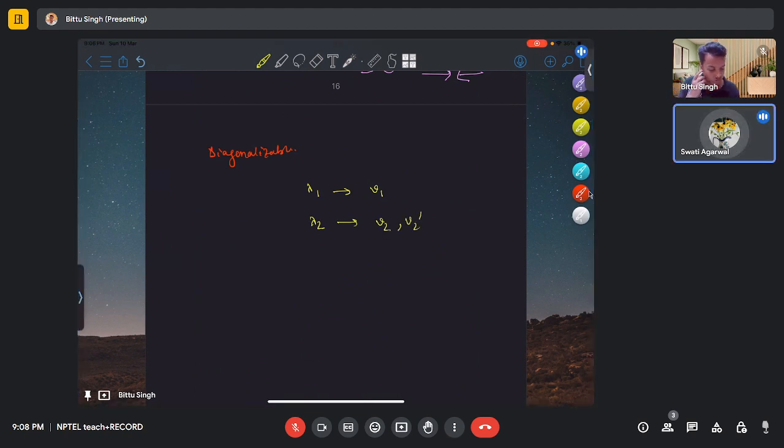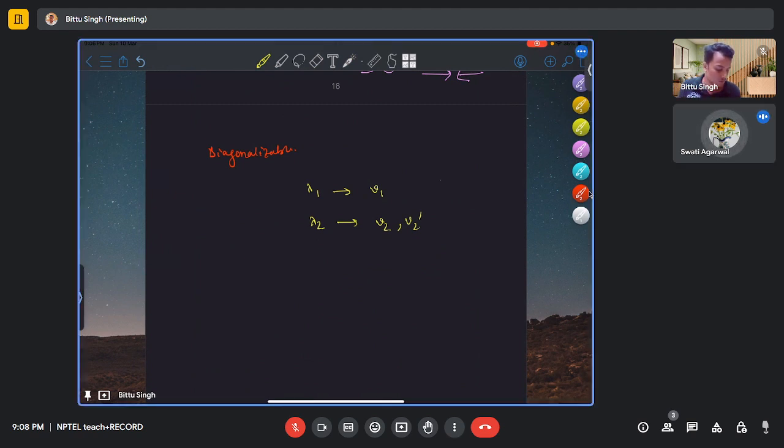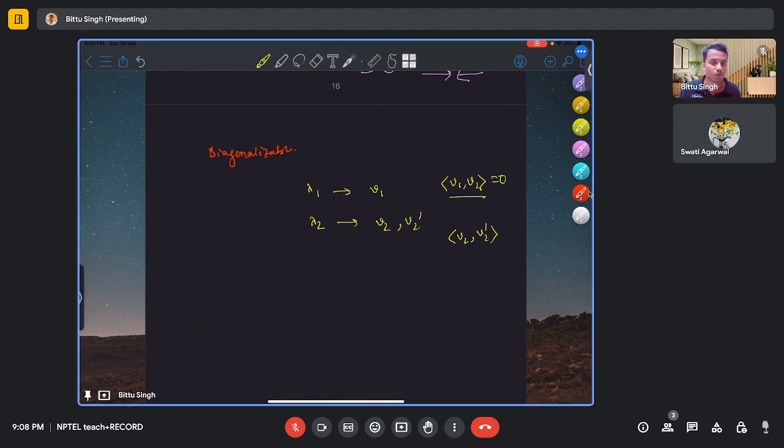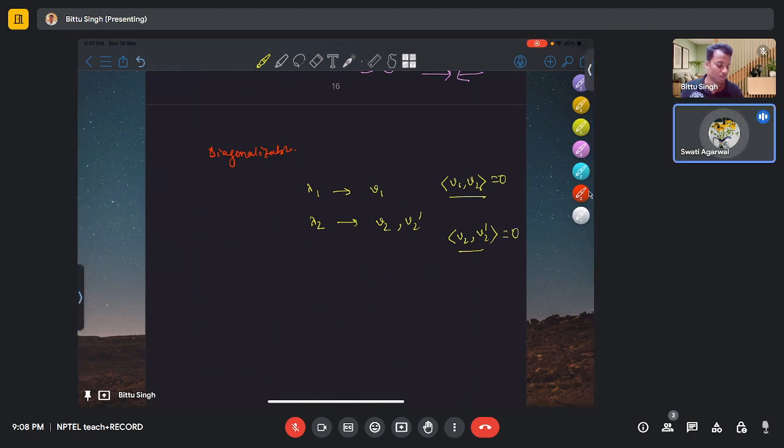He's telling that V1 dot V2 is 0, V1 dot V2 dash is 0, and V2 dot V2 dash is 0. Everything is mutually perpendicular, right? Then he's saying, but inside each eigen subspace, the basis exists, but it may not be orthogonal.